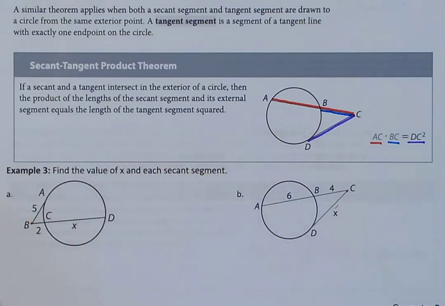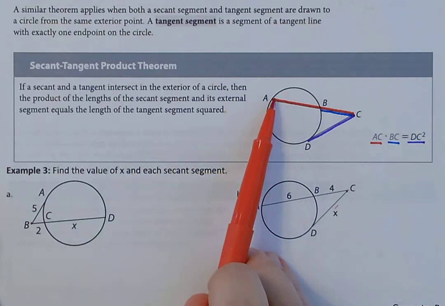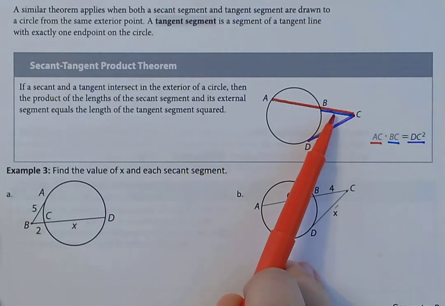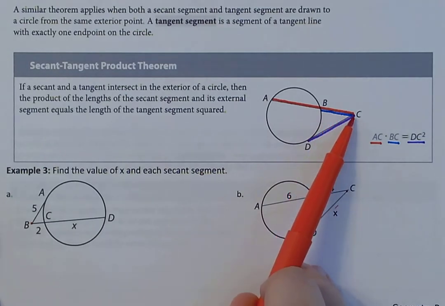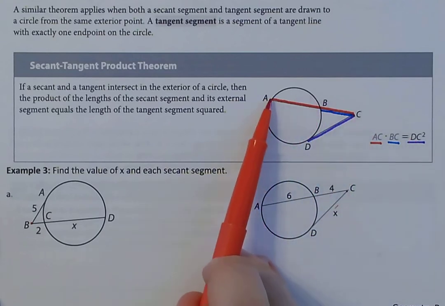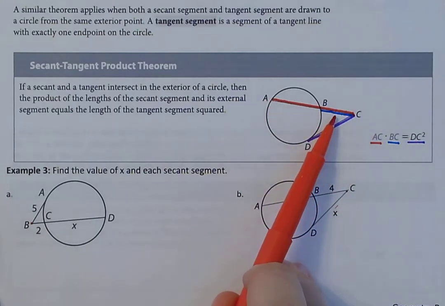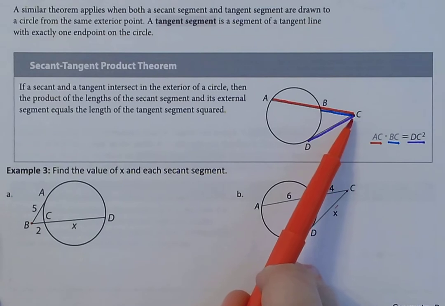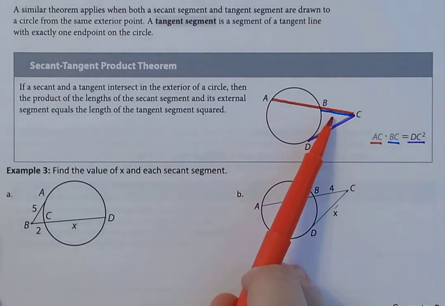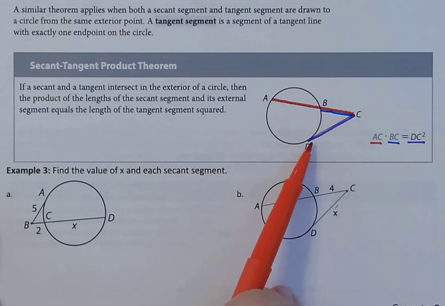So what that means is we're going to take the measure of the whole secant segment times its external part, so it's the red times the blue, equals the tangent segment squared. So you're going to do the secant times its external equals the tangent squared. So red times blue equals purple squared.